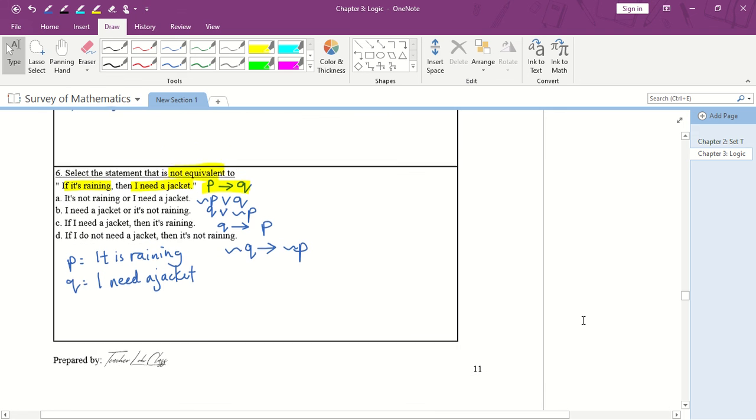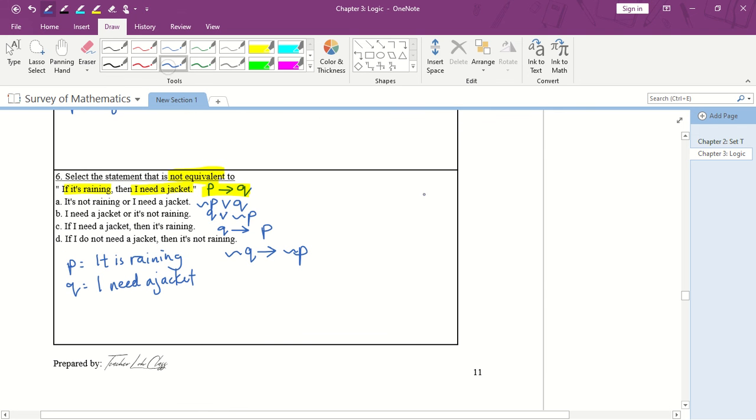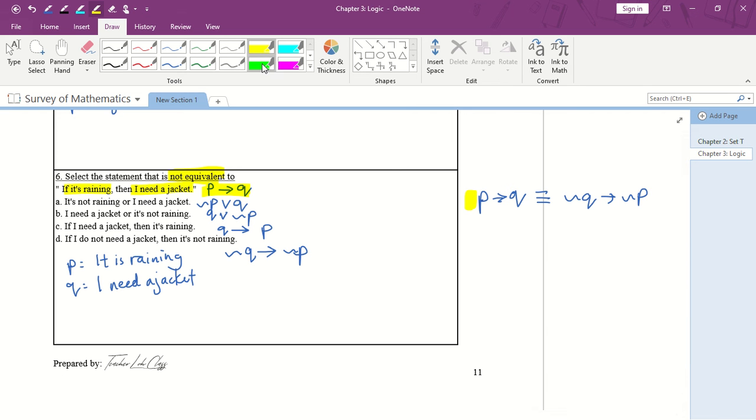So let me write it down, okay? P to Q is equivalent to negation Q to negation P. And remember also, we make it into the all-disjunction form. So this is opposite and here is the same. Using the green color, this is the same.